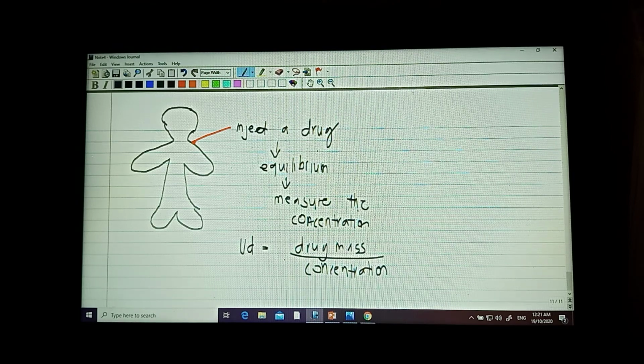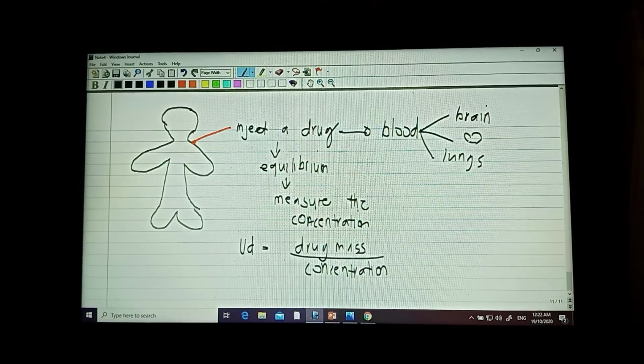natin. Unfortunately, in human being, pag in-inject mo kasi yung drug na yan, okay, you inject this drug, it reaches the blood. From blood, it can go through different organs such as your brain, your heart, your lungs, your kidneys, and so forth.